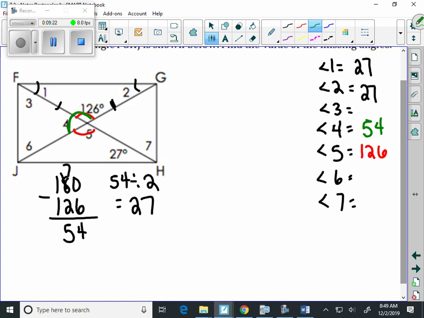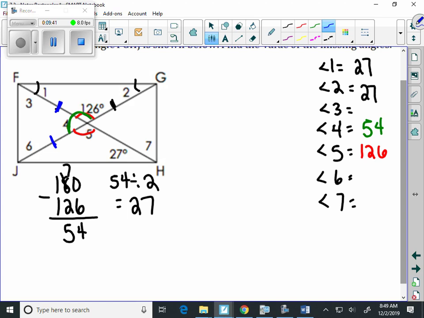And that 54 degrees can be helpful to help us find angle 3 and angle 6, because, once again, this length here, let me switch colors, this length here and this length here are the same.